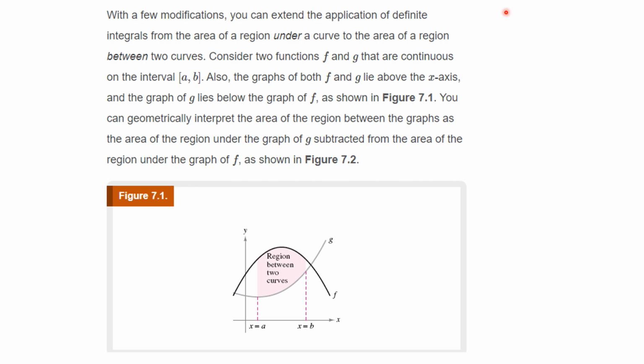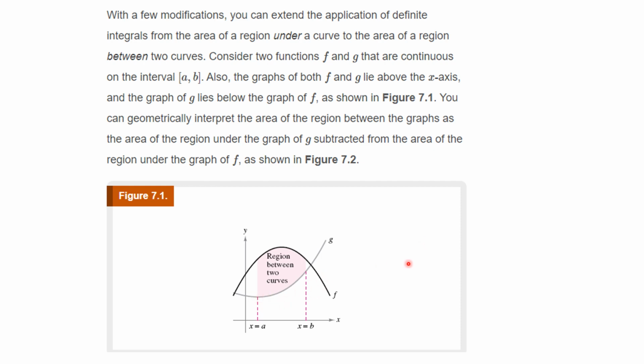With a few modifications, you can extend the application of definite integrals from the area of a region under a curve to the area of a region between two curves. If you consider two functions, f and g, shown here, they're continuous on the interval [a, b], and both of these graphs, for now, lie above the x-axis, and the graph of g lies below the graph of f.